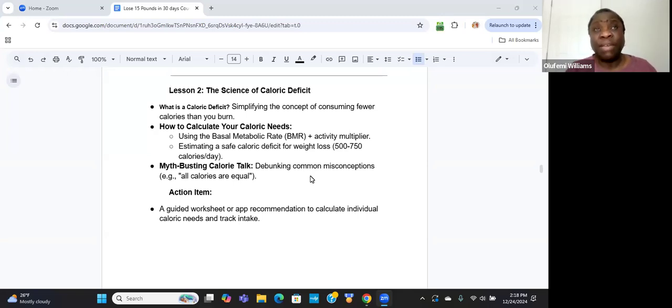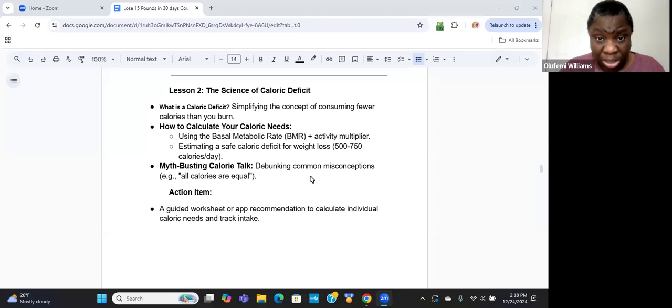After you calculate how much deficit you want, because you want to eat less than you need, the safe amount is from 500 to 750 calories a day.